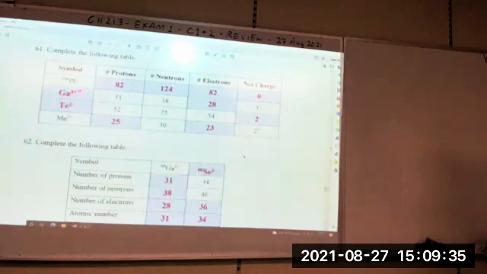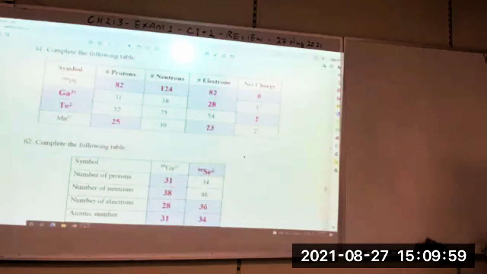But with a 3+ charge, you need to have 3 fewer electrons than protons, which means you need 28 electrons. Now, if you put in the mass number and the proton, that's fine. But essentially what I need is the symbol and the charge.